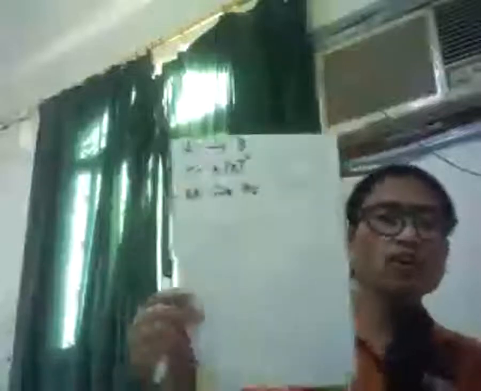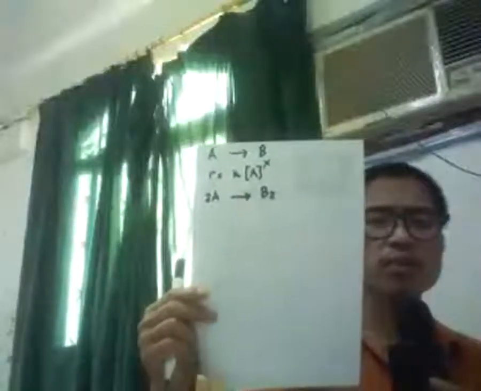And then, if I put a number of moles beside capital A, I say 2A is equal to B2. Again, hypothetical because our concern is not on the product. So 2A equals B2.